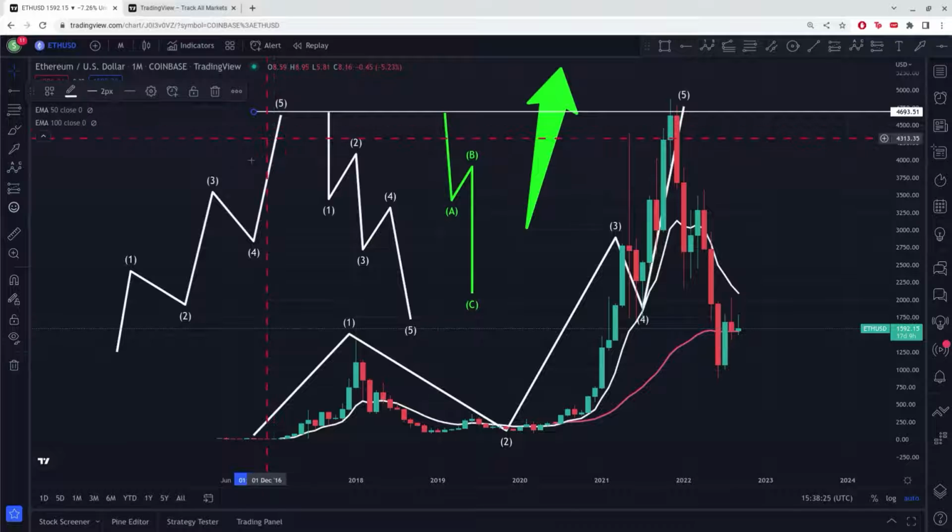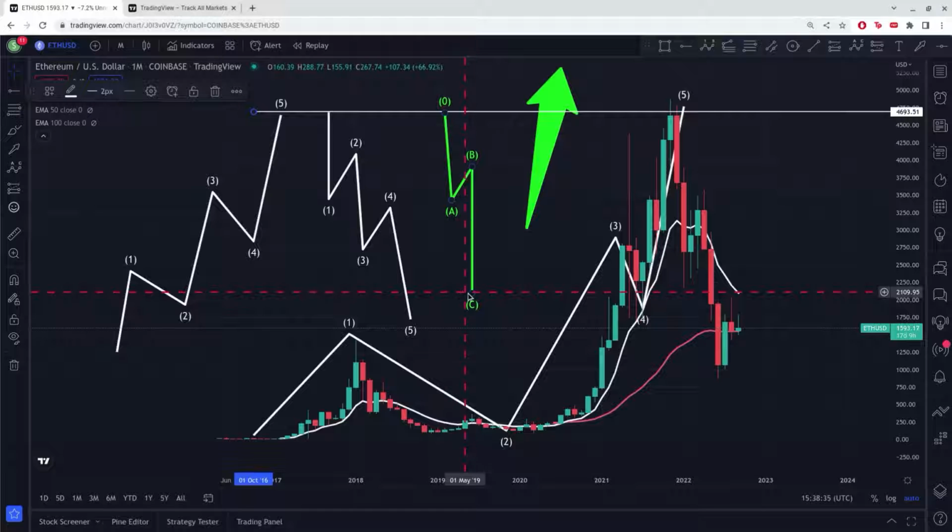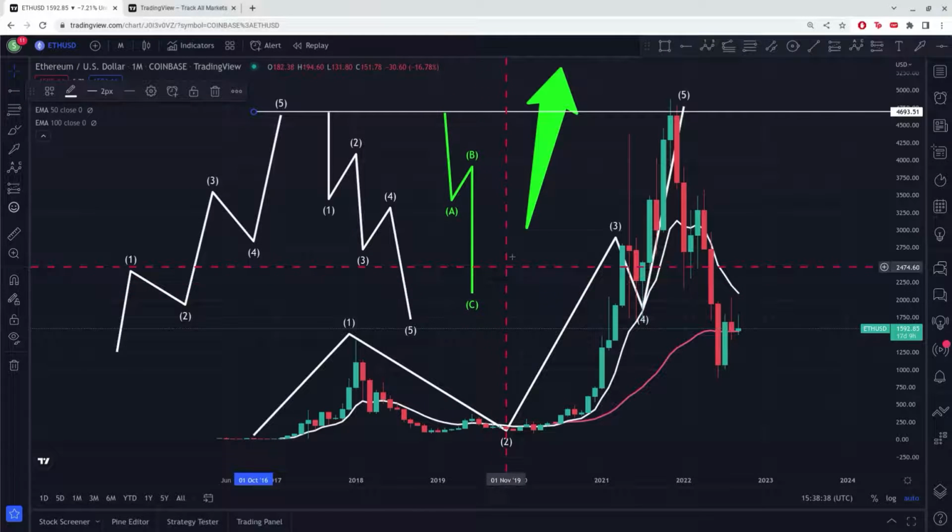A retracement is also a three-wave pattern, A, B, C. At the end of this C wave, what you have next will be a move upward in the direction of the previous trend.